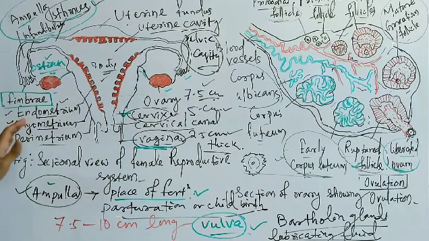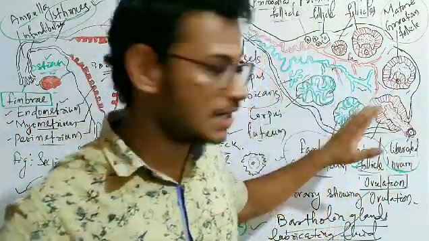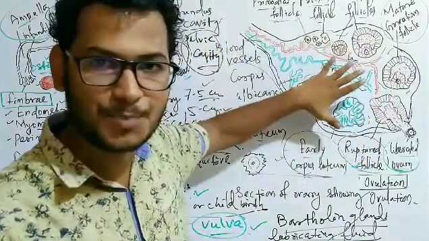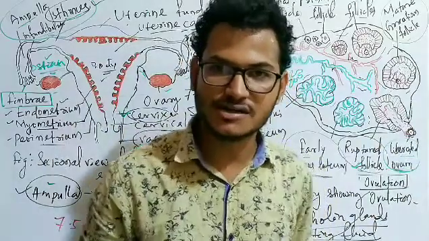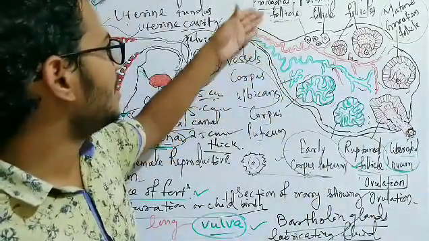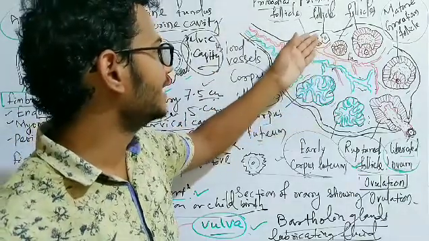So these are the different parts of the female reproductive system. And this diagram is very important because it shows the most important organ, the ovary, the primary sex organ of female. It shows how the primordial follicles in the ovary mature.